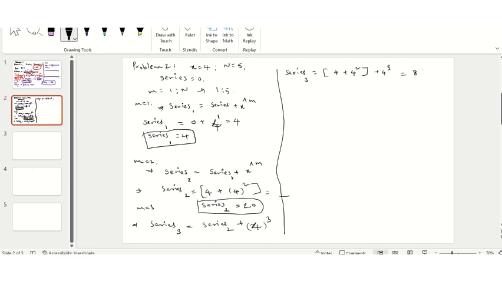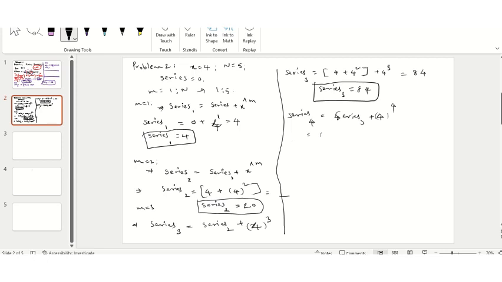84 you will get. Okay, so series after 3 is equal to 84. Next, series 4 is equal to series 3 plus 4 to the power of 4, right?